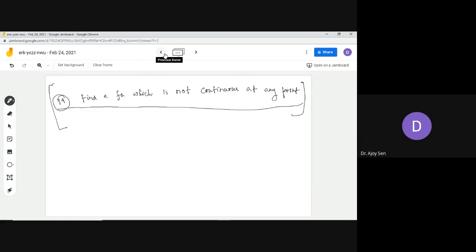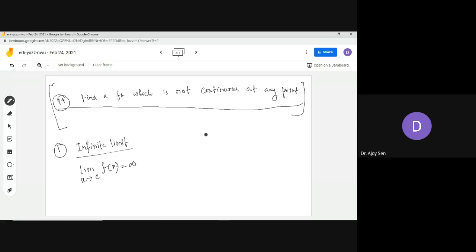তো তোরা যে তিনটে প্রবলেম দিলাম, এই তিনটে প্রবলেম তোরা করবি। Now I am coming particularly to two things. One is infinite limit. Infinite limit means this kind of thing, limit x tends to c.